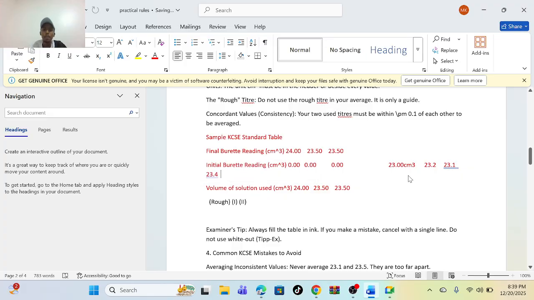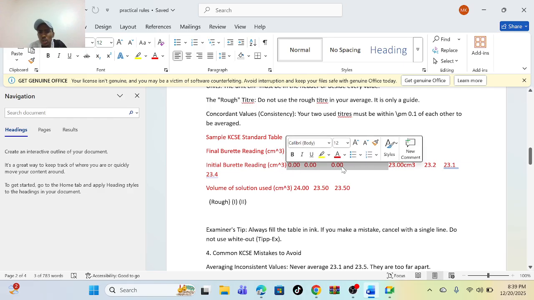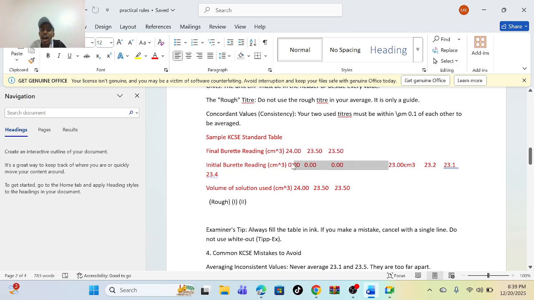Then the school value must be plus or minus 0.2. I also advise my students to fill in 0.00 here.